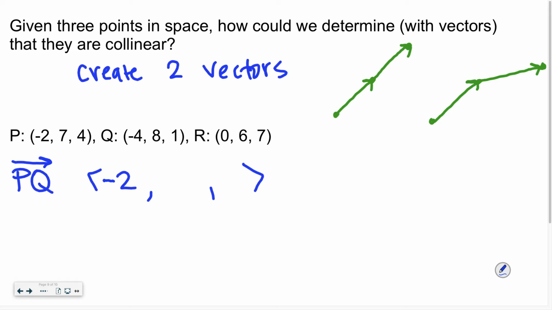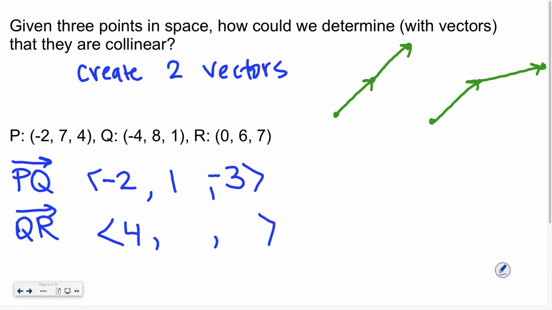And I just like things to be in order, so I am going to create QR. The vector QR, terminal minus initial, would give us, I think +4, right? 0 minus -4. 6 minus 8. And 7 minus 1.